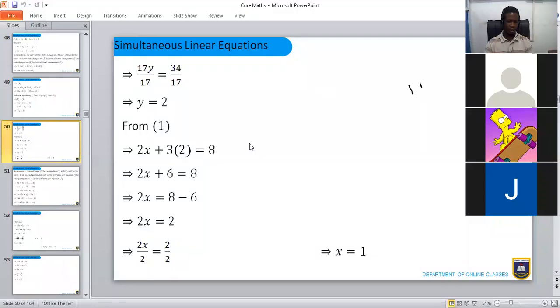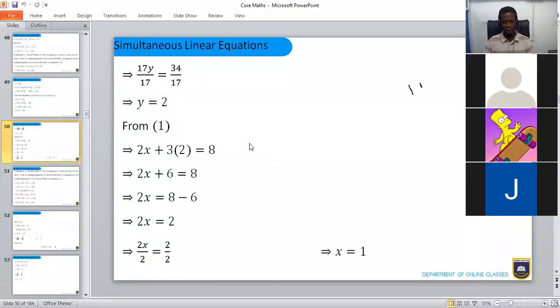I said, can we substitute y into the real equation we've been given in the question? We have two equations given in the question. Yes, so you can substitute y into any of them. Either equation 1 or equation 2.